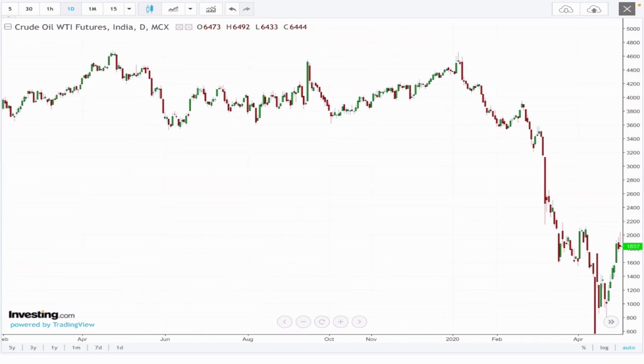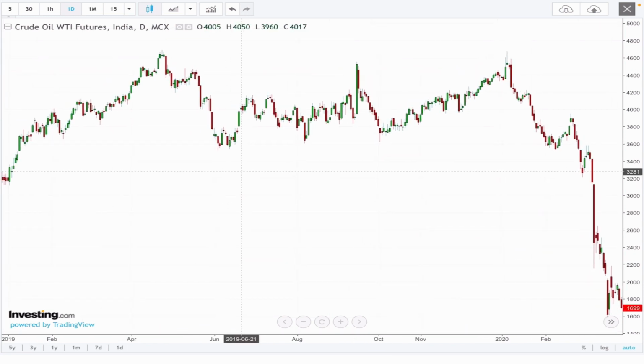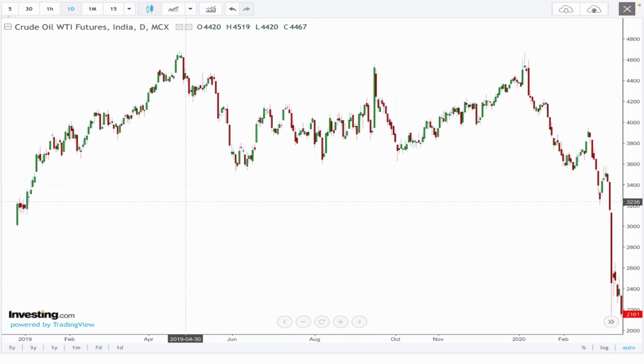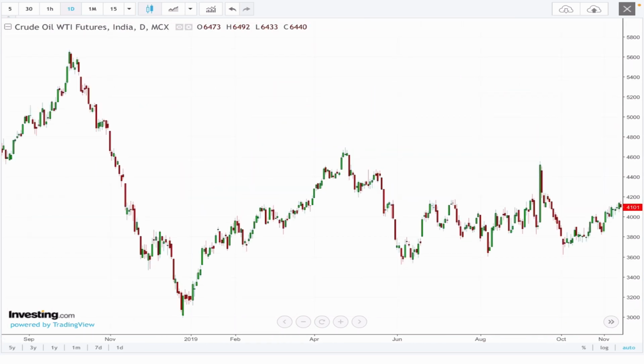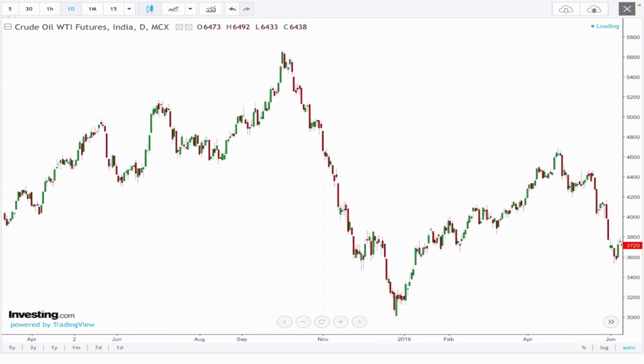So go on your investing.com, go on TradingView, pause the video and try to identify the trends. Look at this. Again, 2019 6/21 to, let's say, 2019 11/18. It's a clear sideways trend, because it is not creating any new higher highs, higher lows, or lower lows and lower highs.